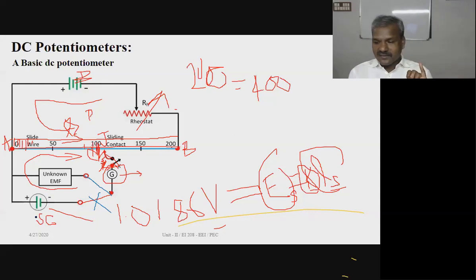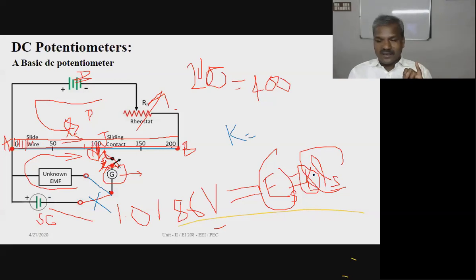Calibration using the standard cell gives us the K value. So K equals ES by LS, where ES is 1.0186 divided by LS, which we can easily measure from the scale.